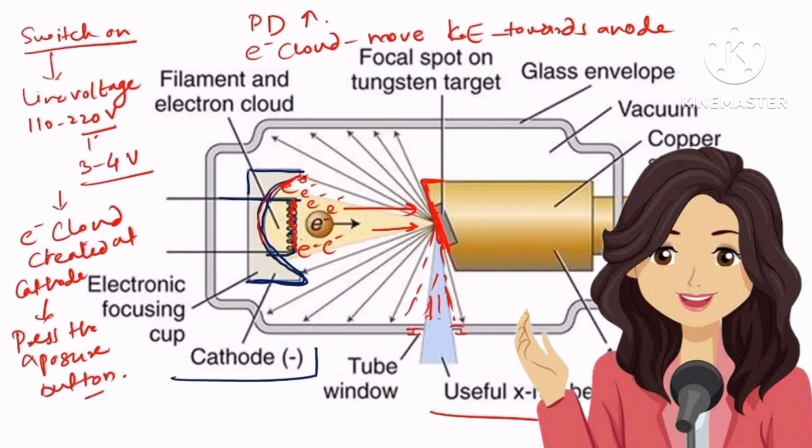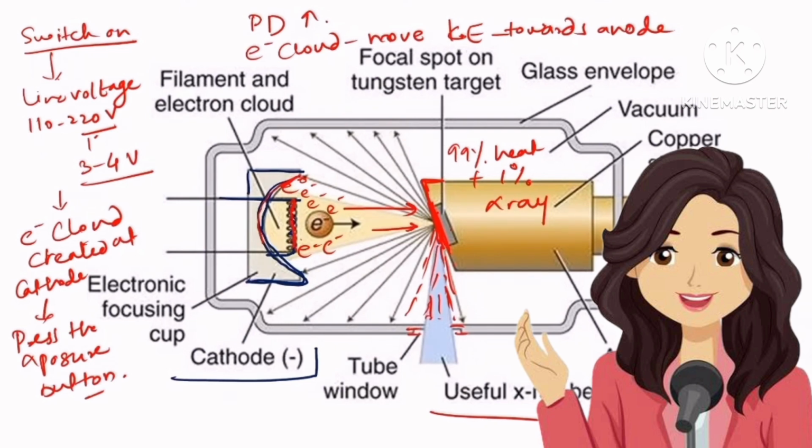Now, at the anode, when X-rays are produced, there is a lot of heat produced. I already told you 99% of heat is created. Only 1% are X-ray photons, which come out of the X-ray tube. So this is the procedure.